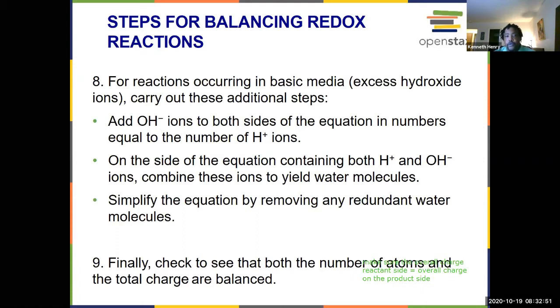Then the H pluses and OH minuses combine to form water molecules, and you remove any excess water molecules. And the final part is that you check both sides of the equation for the total number of atoms and the total charge to make sure it's balanced. Okay, so 9 steps.